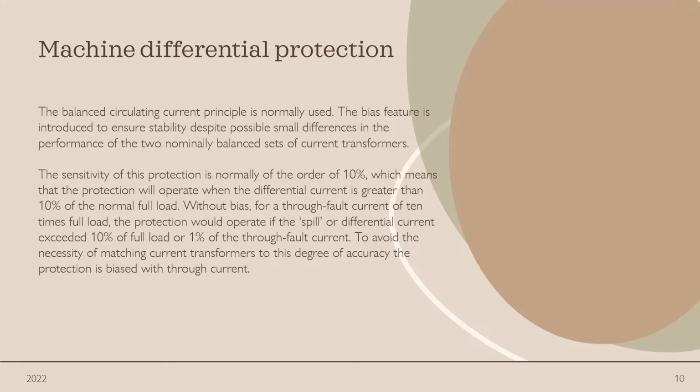Without bias, for a true fault current of 10 times full load, the protection would operate if the spill or differential current exceeded 10% of full load or 1% of the true fault current. To avoid the necessity of matching current transformers to this degree of accuracy, the protection is biased with throughout current.